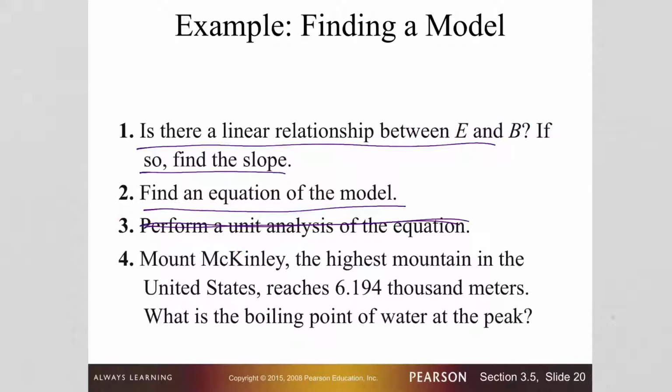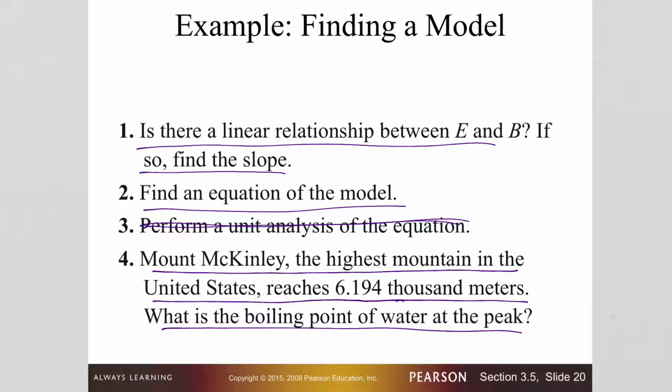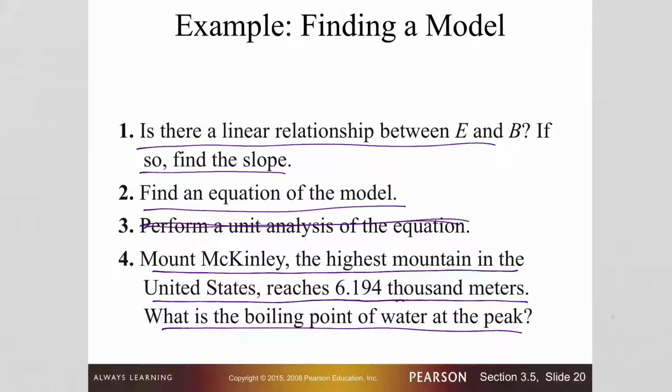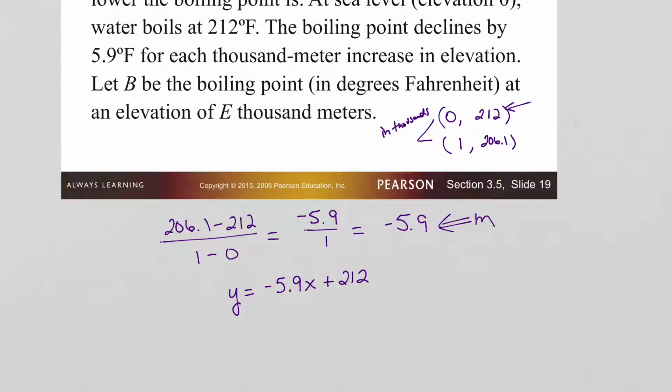Okay, so let's hurry up and take a look at question number 4. Mount McKinley, the highest mountain in the United States, reaches 6.194 thousand meters. What is the boiling point of water at the peak? Alright, so let's take 6.194, this number right here, and let's plug it in where we have our y's are our elevation, no, that's our boiling point, so our x's, so we're going to put it in for x.